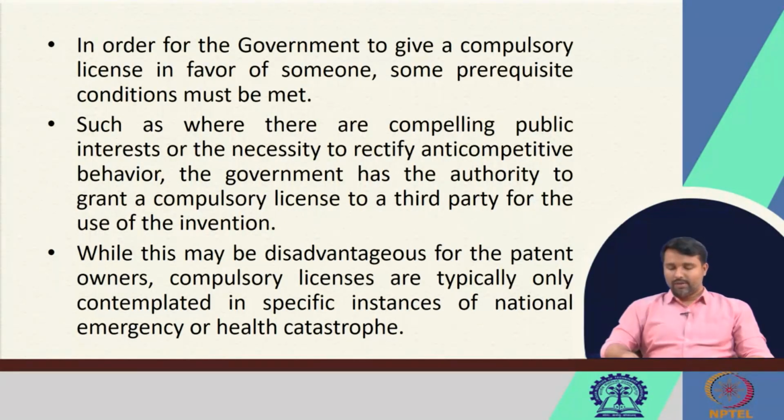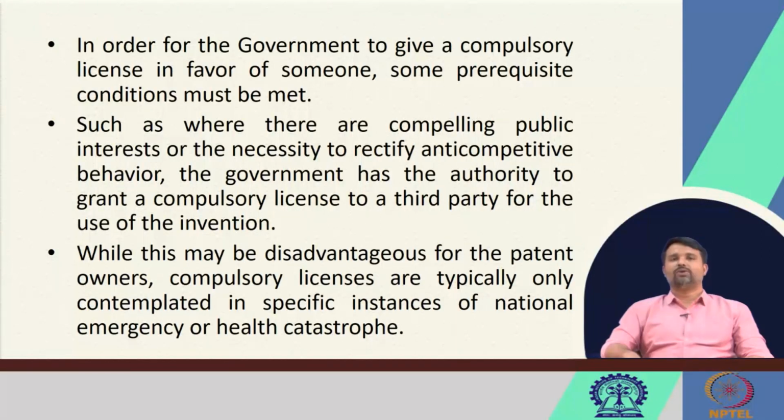In order for the government to give a compulsory license, some prerequisite conditions have to be met, such as where there is compelling public interest or necessity to rectify anti-competitive behavior.